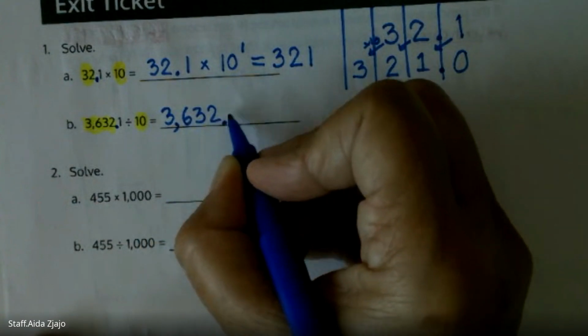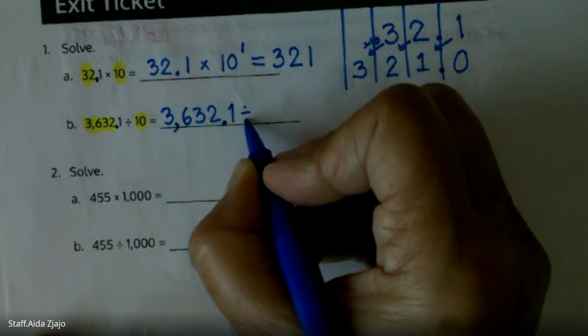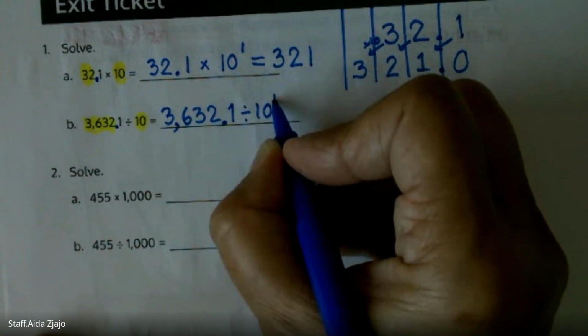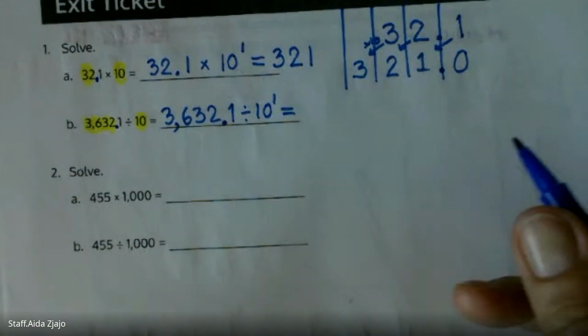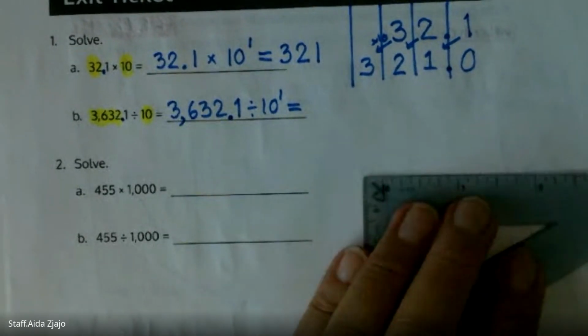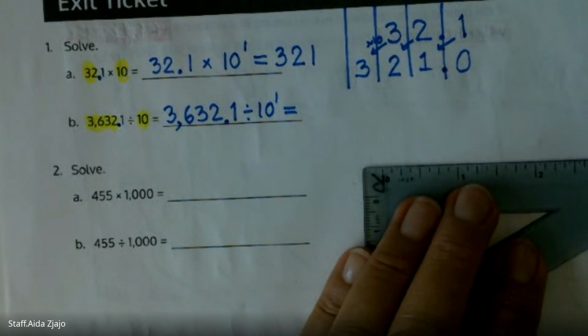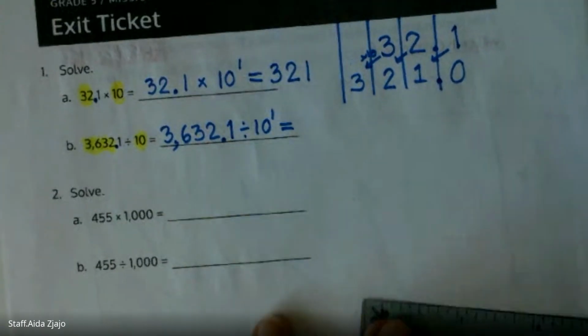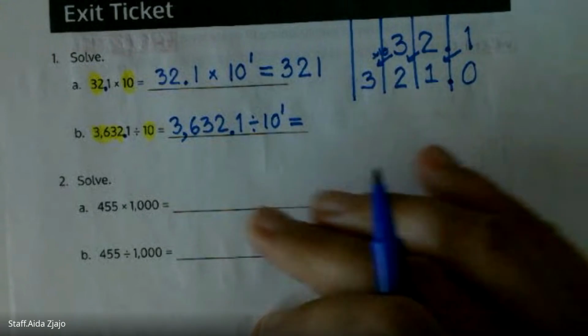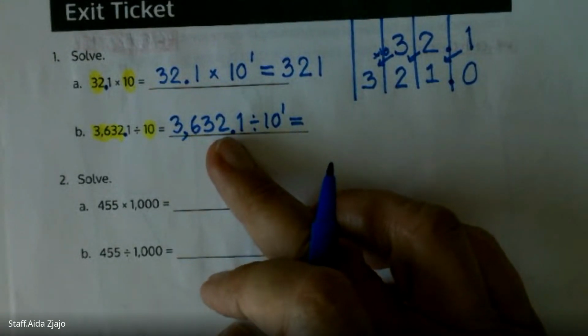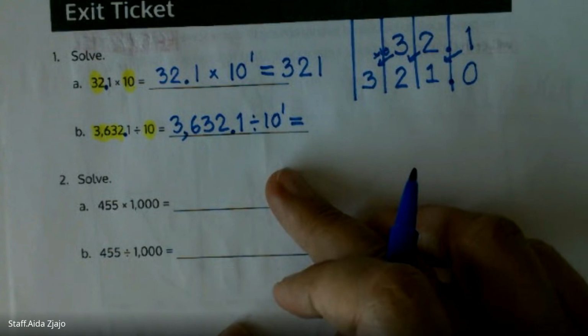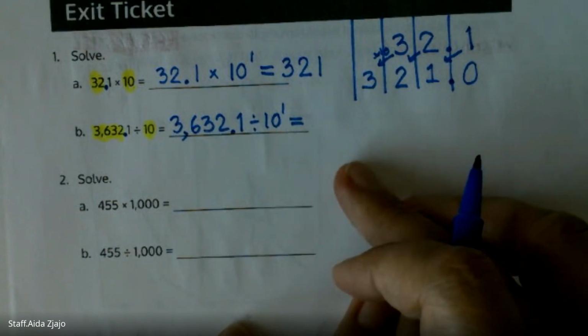So you can also see this as 3,632 and 1/10 divided by 10 to the power of 1. I'm going to create a place value chart. The number is going to get smaller, so the digits are going to move to the right.